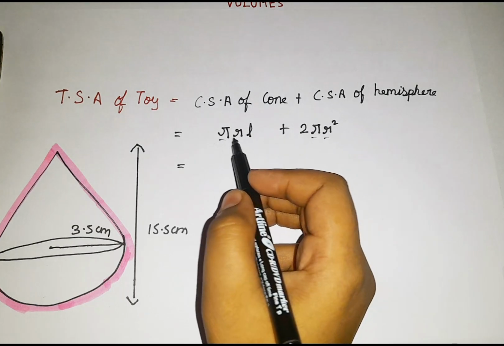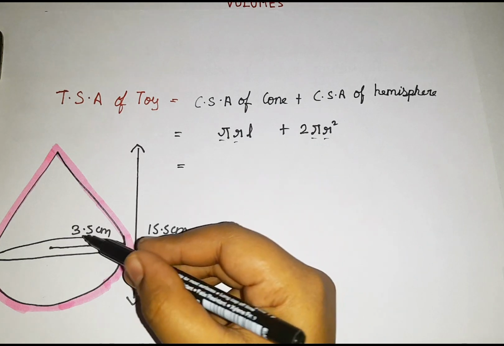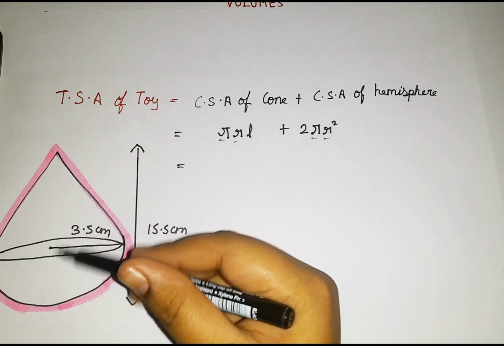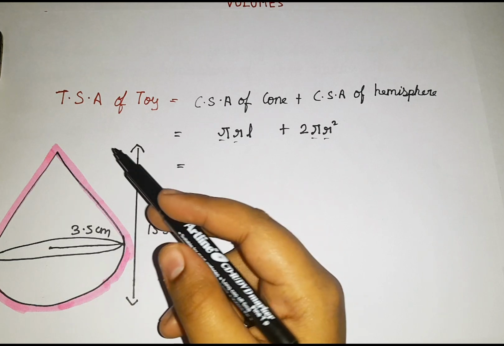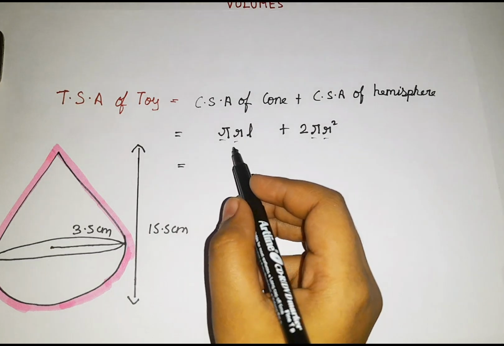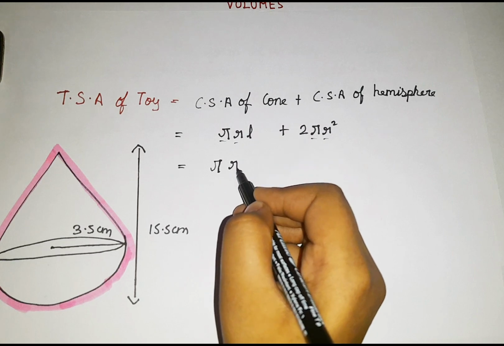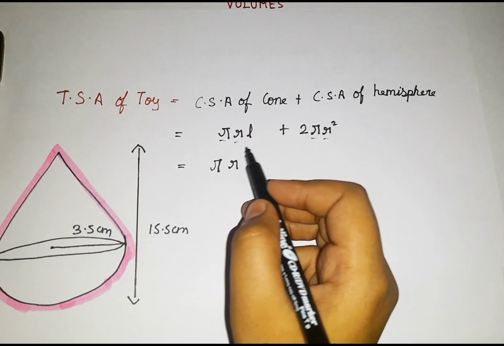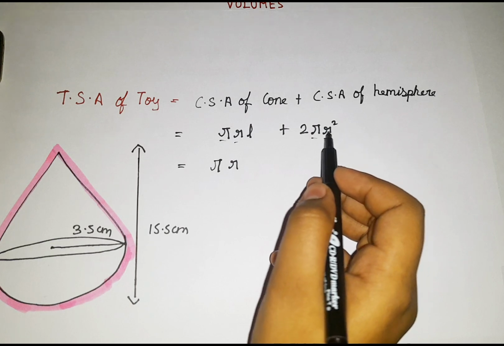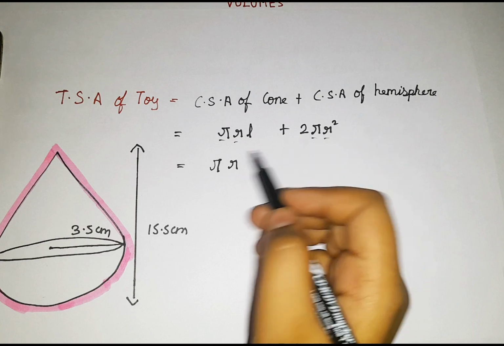Pi value is the same for everything, and the radius is 3.5 centimeter for both the cone and the hemisphere. So I can just take pi r as common. Since here they mentioned r square, I just took one r as common.